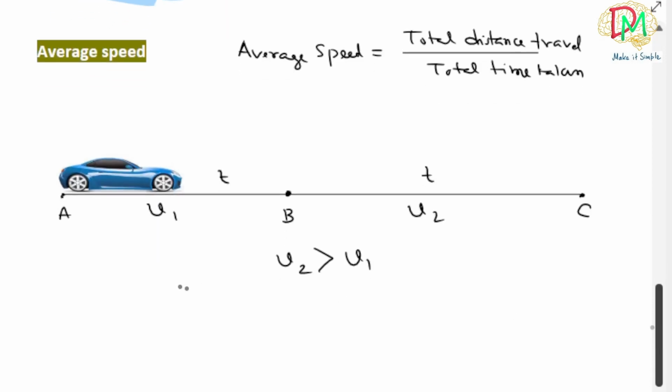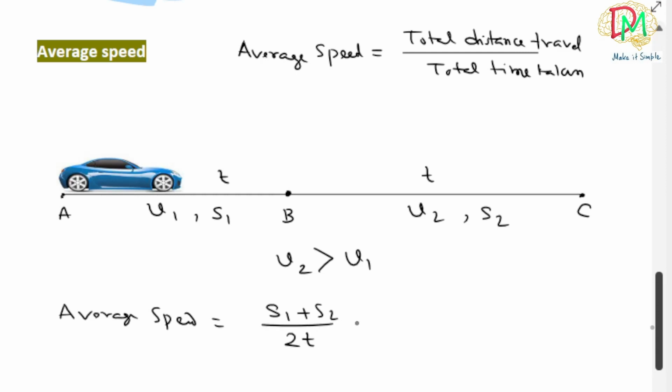Okay, so let's consider the AB distance traveled is h1, and the BC distance traveled is h2. So finally we can find the average speed: total distance traveled is h1 plus h2, and total time taken is 2t.